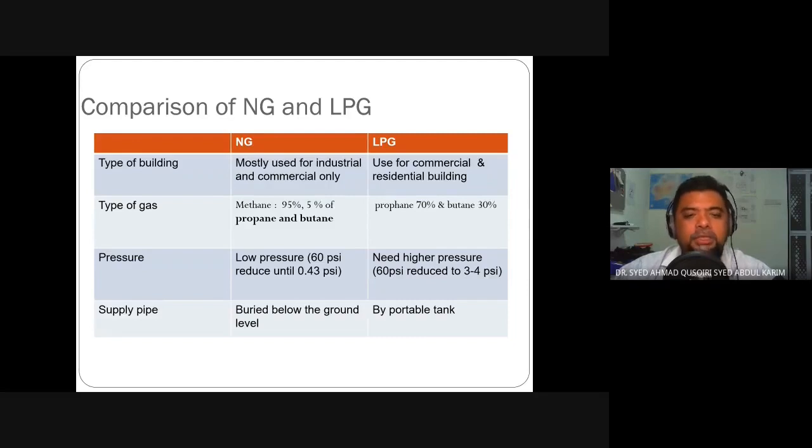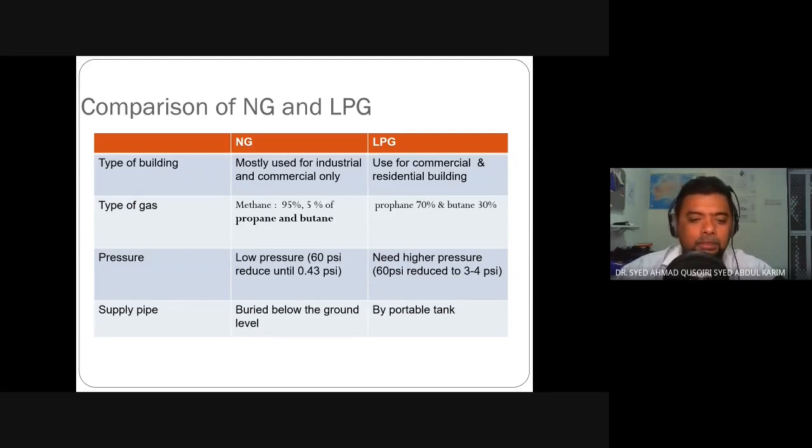In terms of pressure, natural gas is sent in pipelines, and it gets quite low, from 60 psi reduced to 0.43 psi for residential, whereas the end pressure for LPG is higher because it's stored in a gas tank.